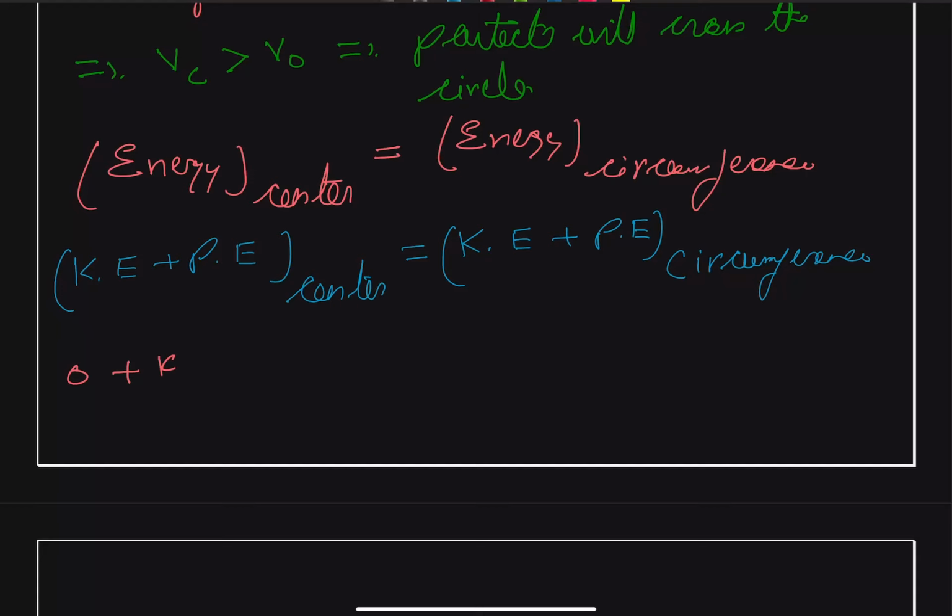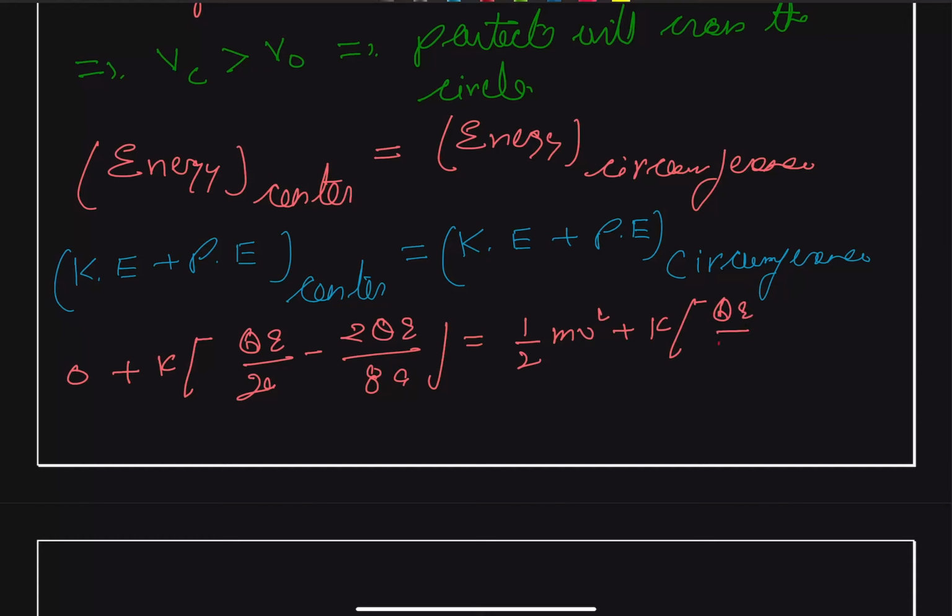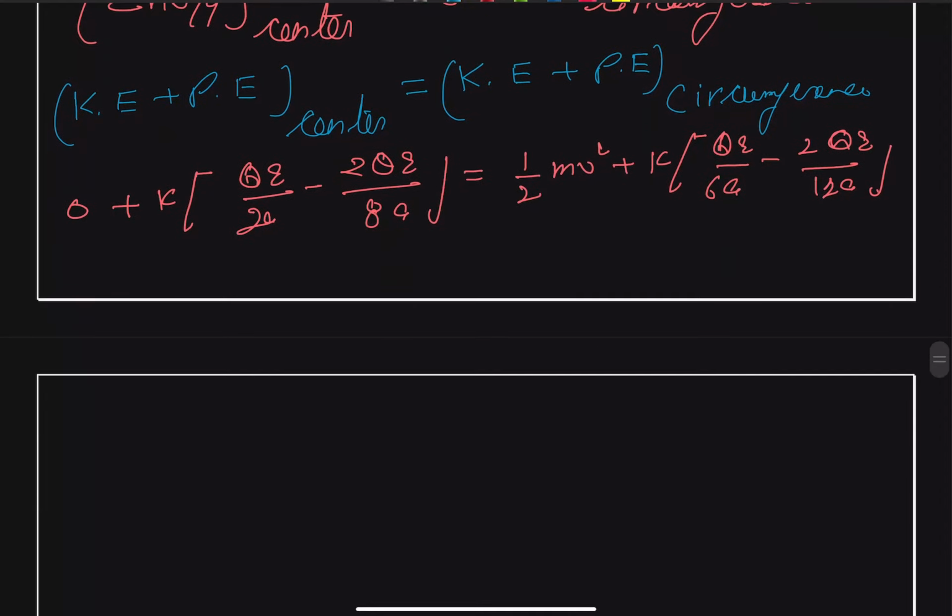That is nothing but the difference between the two energies, that is coming as q multiplied by small q, 2a minus this is 2q q upon 8a, which will be equal to, suppose the velocity is v, half mv square plus energy, which will be equal to q upon 6a minus 2q upon 12a, and we need to find out the velocity.